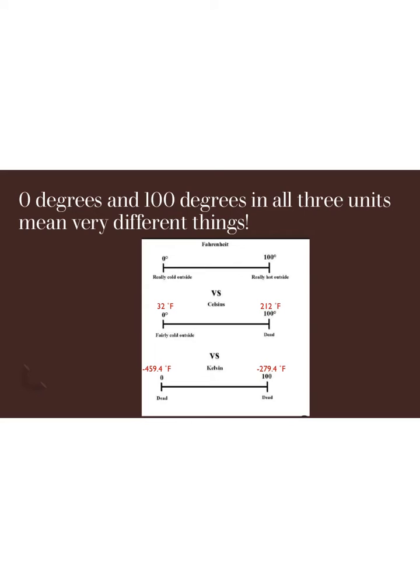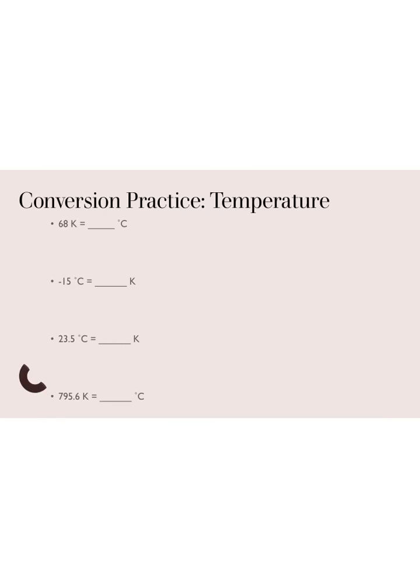Units are so important, because if we just say 100 degrees, or 0 degrees, that means very different things. So we want to make sure you always put units on the problems. Take a second to practice and convert these correctly. Hopefully you got these temperatures for these practice problems.